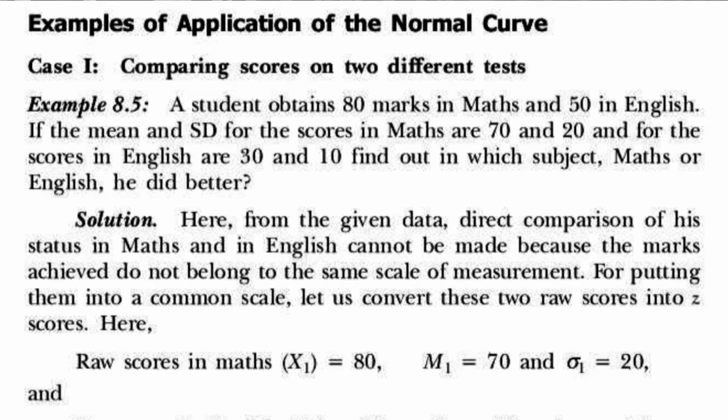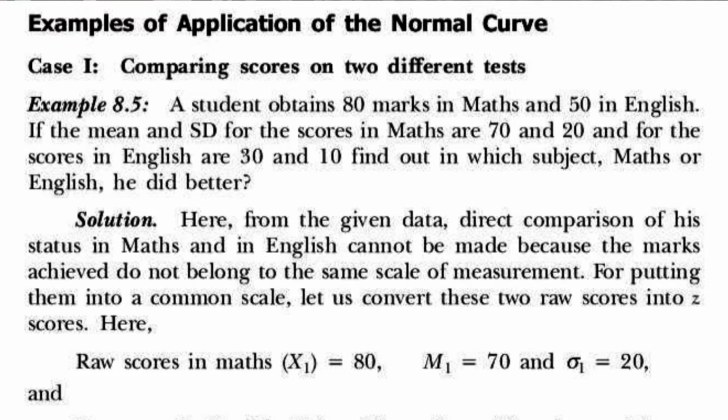Dear students, as you all know about the formula for converting raw score into z-score and again converting z-score into raw score. Here we need to convert the raw scores which we got in this problem, 80 marks in maths and 50 in English.